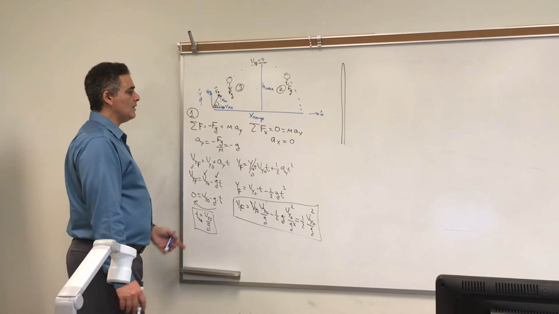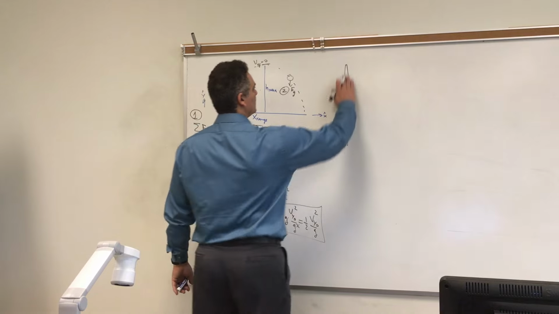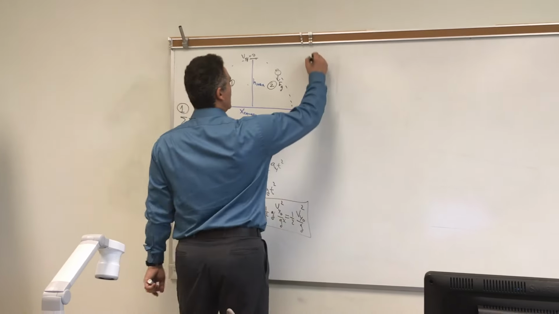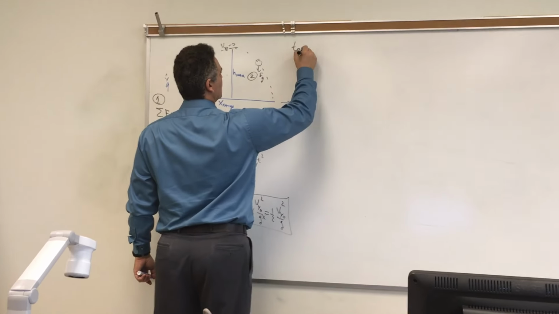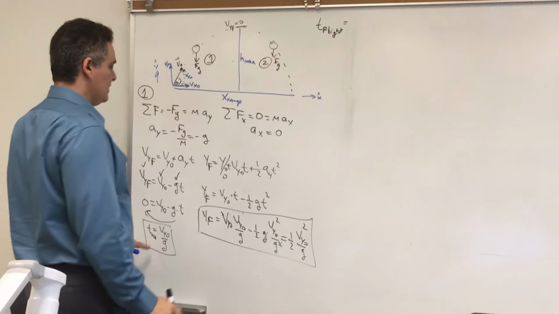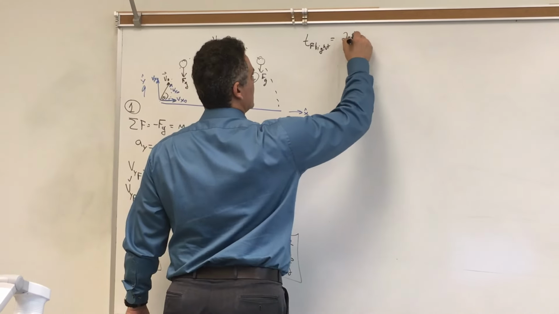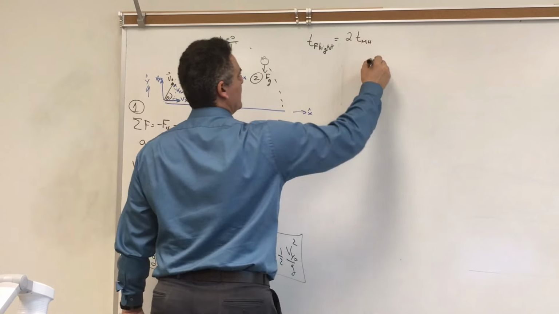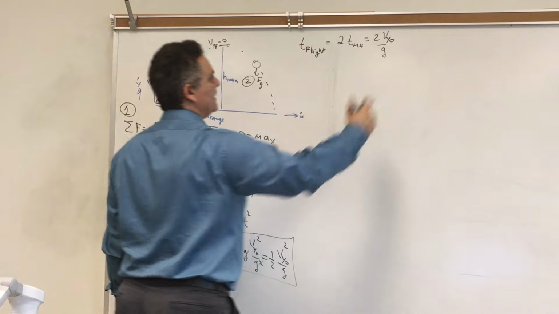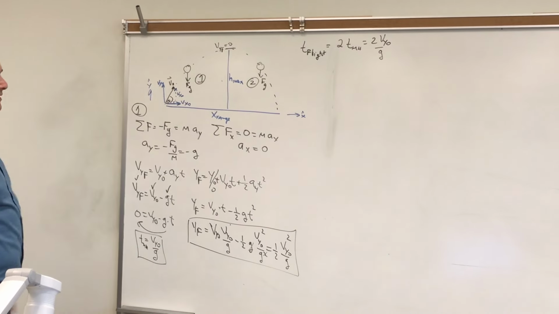So we also know the time of flight. From this symmetry, the time of flight is going to equal two times the time of the maximum height, which is 2 times Vy 0 over g. And we'll plug in the number for this in just a minute.